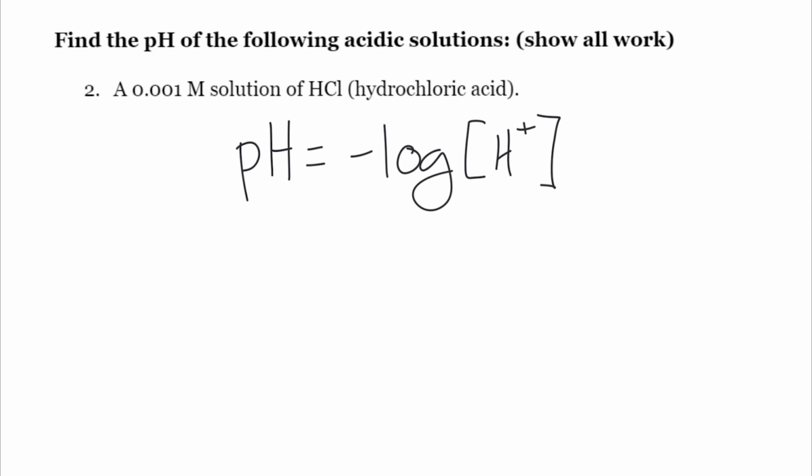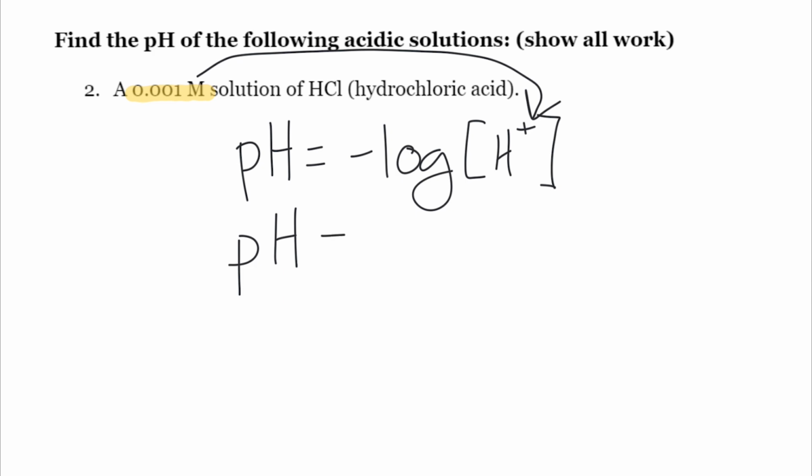And we're going to go back and read the question and try to find that concentration. It's right there at the beginning, 0.001 molar. Now all we have to do is pop that number right into our formula for hydrogen ion concentration, or H+.